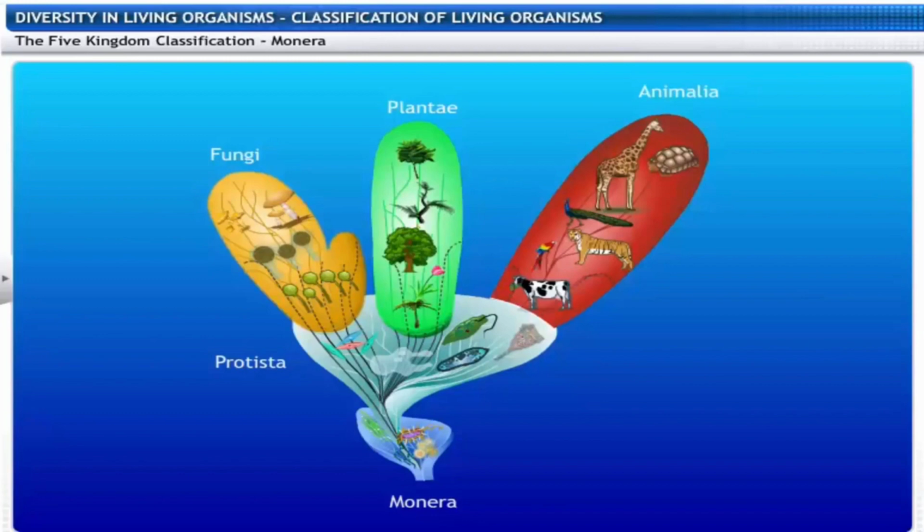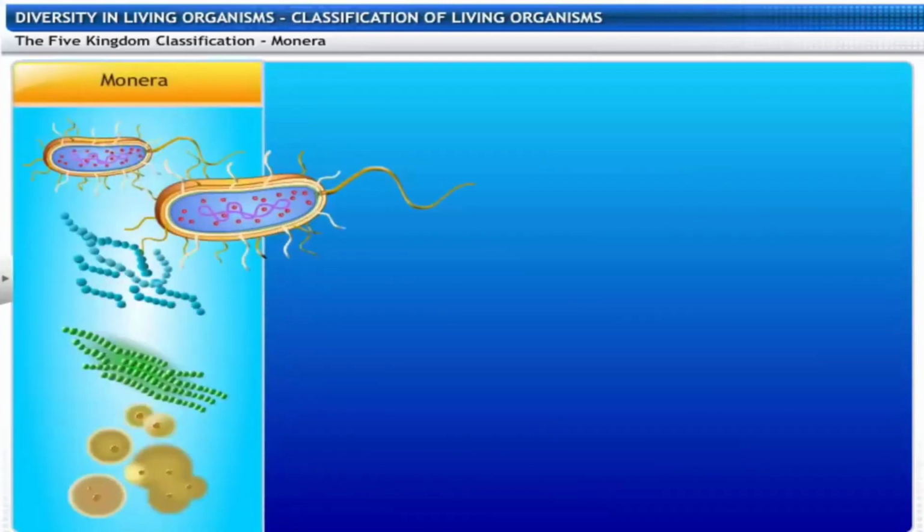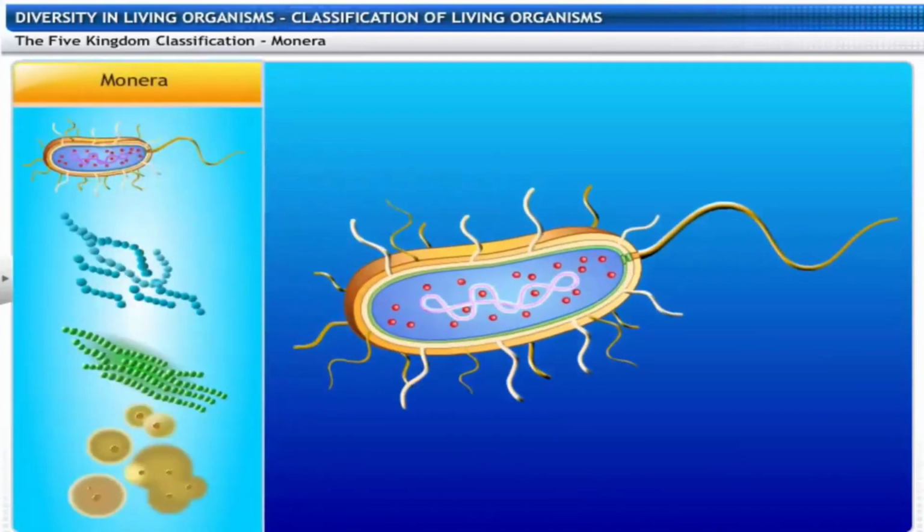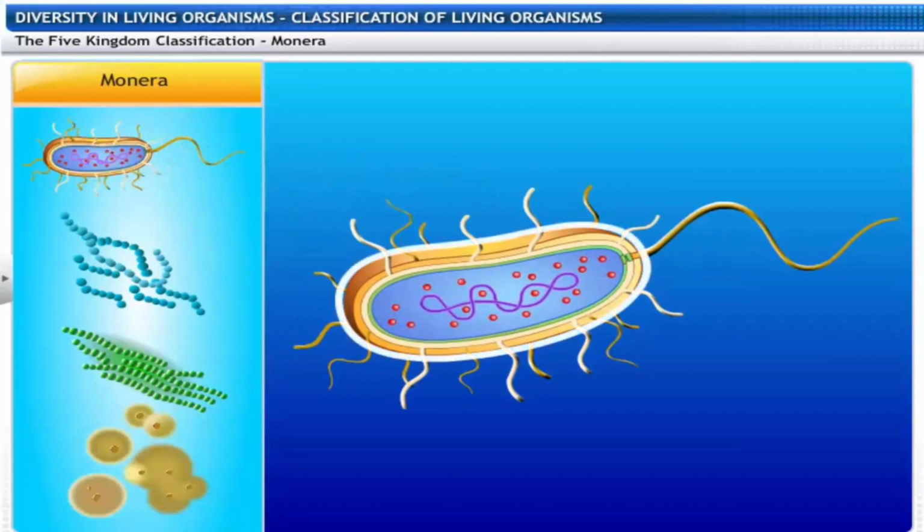Now, let's take a good look at the 5 kingdoms. The kingdom Monera includes prokaryotic cells which lack an organized nucleus and membrane-bound cell organelles.